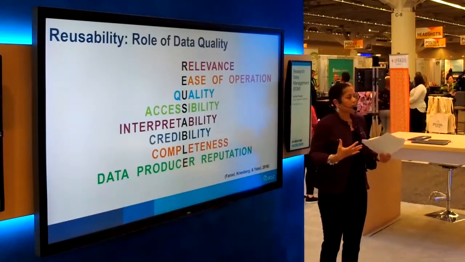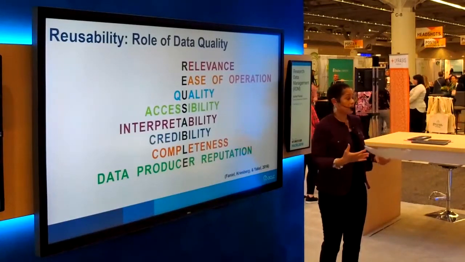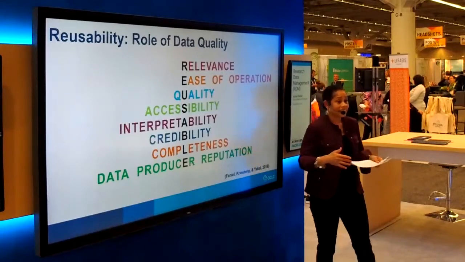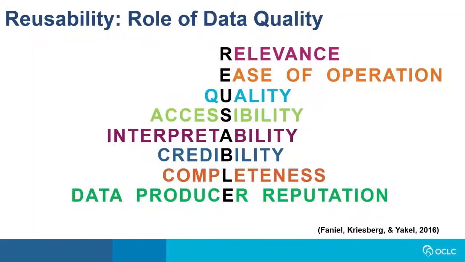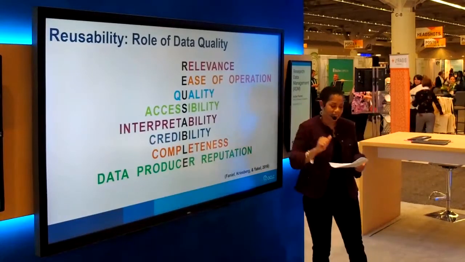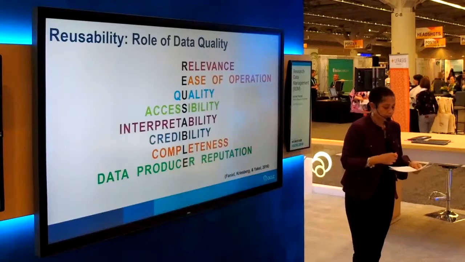So it's about being able to make decisions about the data in terms of its relevance, its ease of operation, its accessibility, its credibility, its interoperability, whether or not it's complete data, right? The data producer's reputation is also something that takes on this idea of data quality.